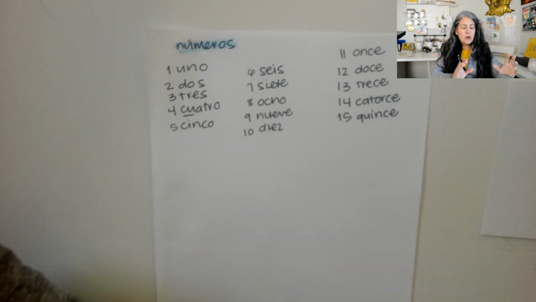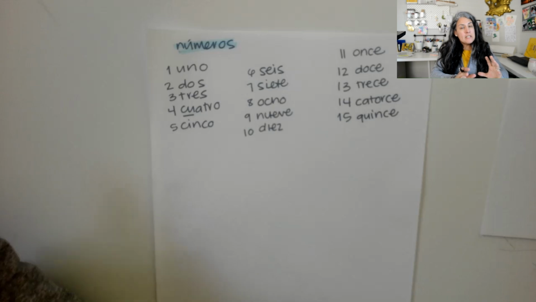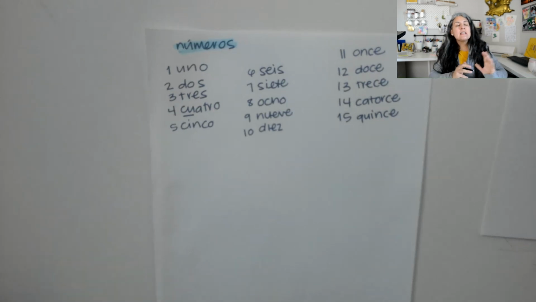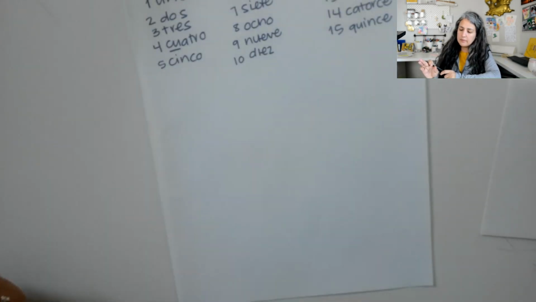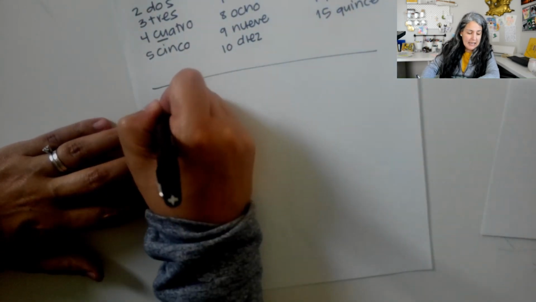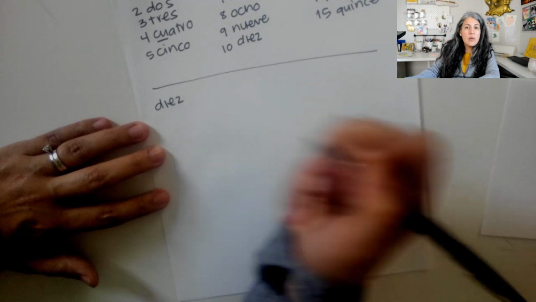So after the 15, we start 16. And from there on, we have a root. We kind of say like in English, 10 and 6. So I'm going to write down from 16 to 19. And then from 20 on, you'll start getting a little bit the pattern to it. So imagine we have 10, and then we have 6.